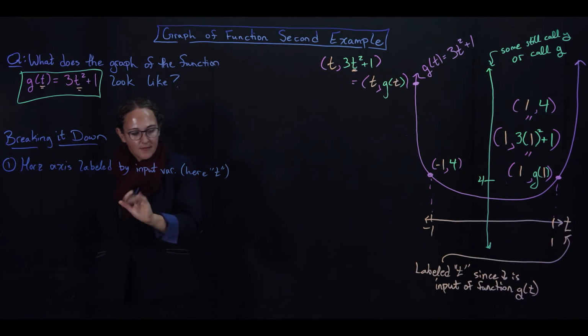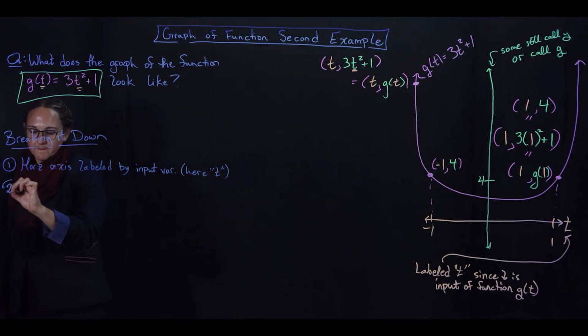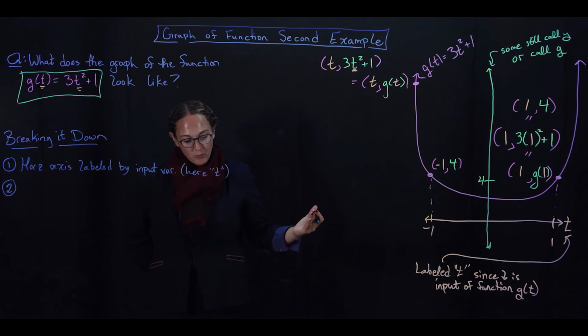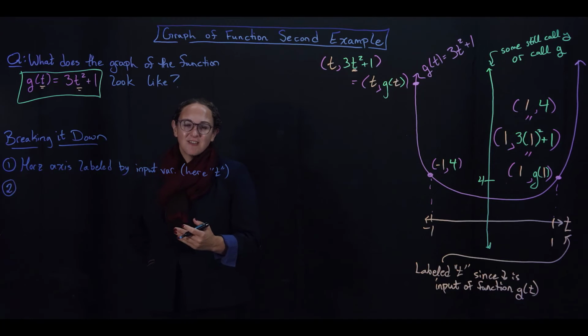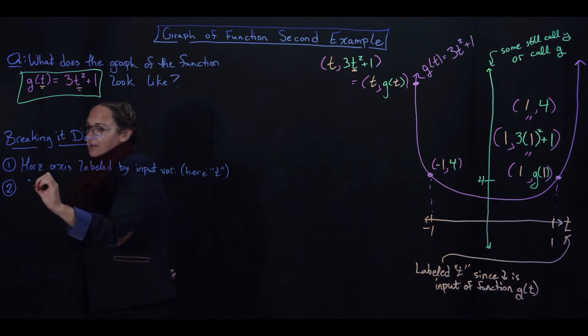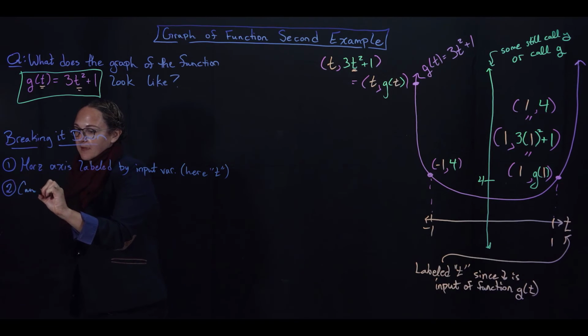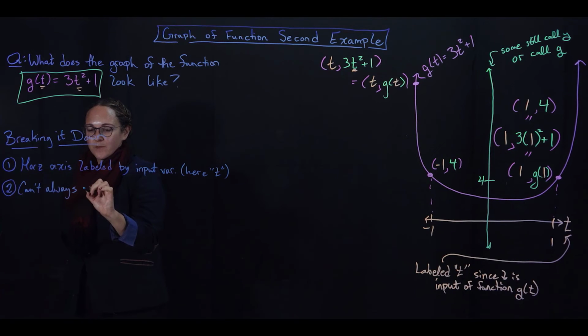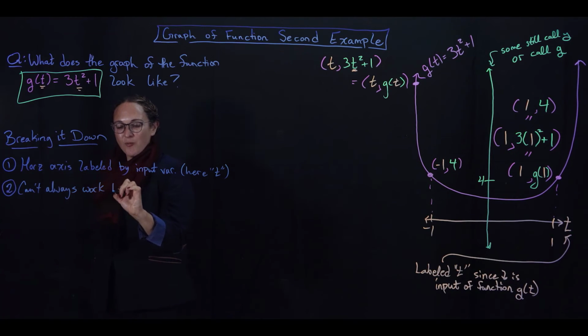The second thing is that we couldn't work backwards from the output to find the input, right? Sometimes you can, but the problem is you might get more than one thing. So you can't always work backwards from the output to find a single input.